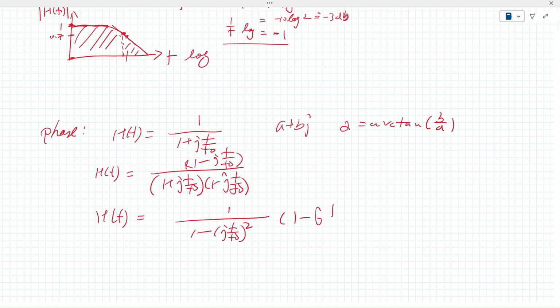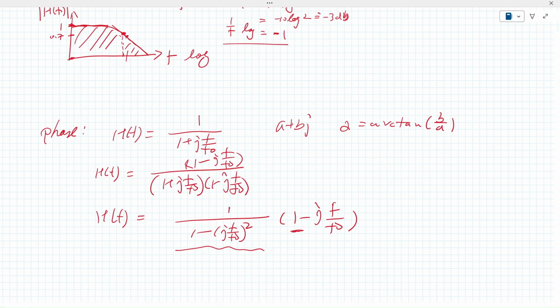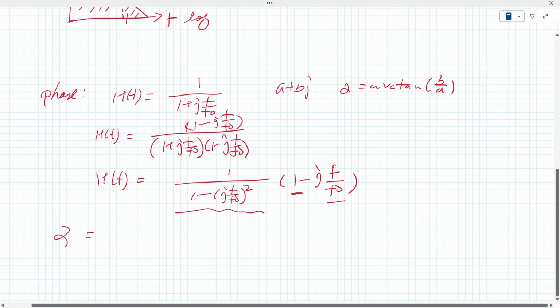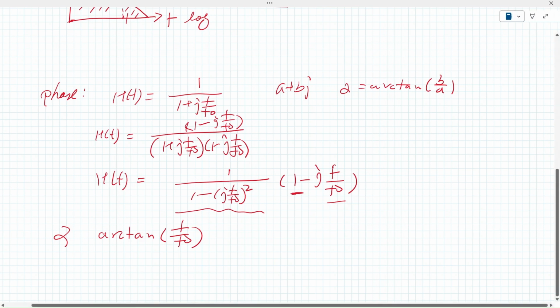Okay. So this is a common term to both the 1 and the f over f naught. So we know the phase equals minus arctan of f over f naught.